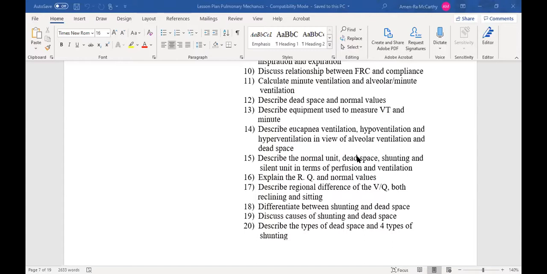What if there's no blood flow to that particular alveoli? Can gas exchange? When you have the blood but you don't have the alveoli, that's a shunt. But when you have the alveoli open and there is no blood coming, can gas exchange?